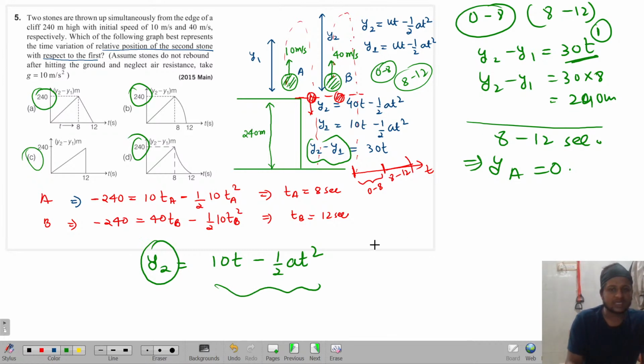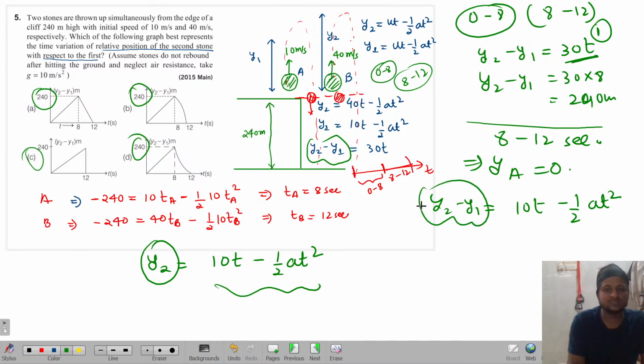So I can write now Y2 minus Y1 is nothing but it is equal to 10t minus half at square. That means after 8 second, the difference of Y2 minus Y1 is following a quadratic equation. In which kind of quadratic equation? This is minus half at square, or not? So that means a downward parabola. So look over here. In which of the graphs is it a downward parabola? Here it is forming a downward parabola. So option B is correct.